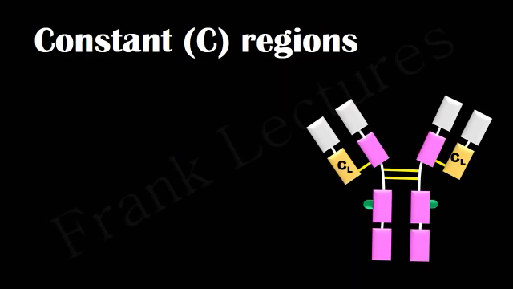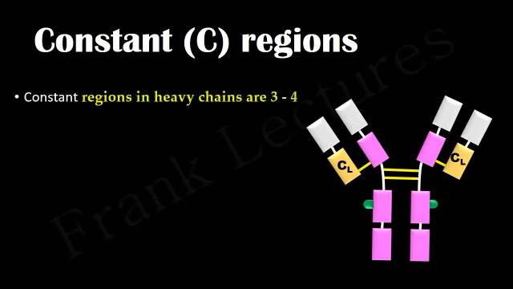Constant regions in heavy chains vary from 3 to 4. This depends on the antibody class, and it is the constant region of the heavy chain which forms the basis of this antibody classification. In a particular class of antibody, all antibodies have almost the same constant region, but the constant region of one antibody class is different from another class.